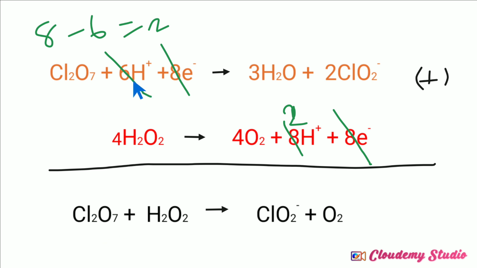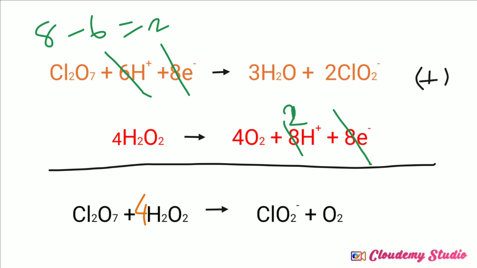Then hydrogen ion, electron were cancelled. And the second equation, the reactant, what is left out? 4 moles of hydrogen peroxide. So we need to write the 4 moles of hydrogen peroxide.